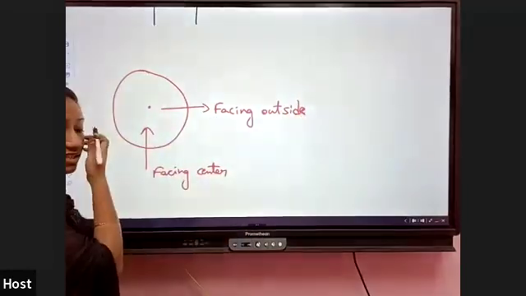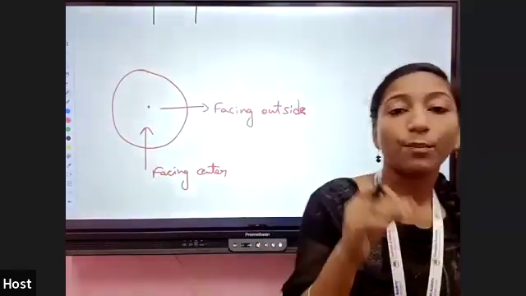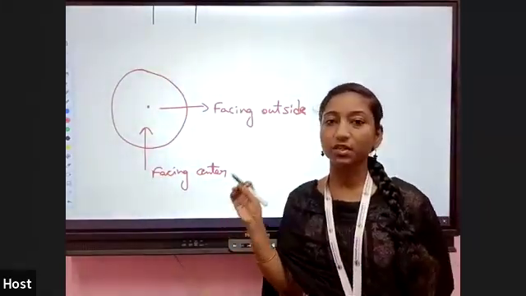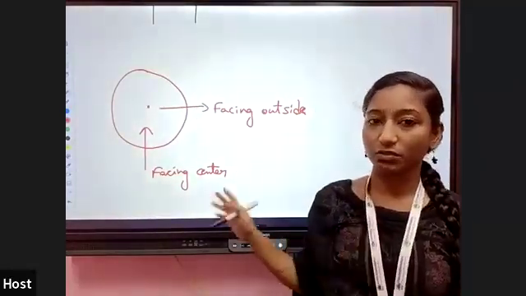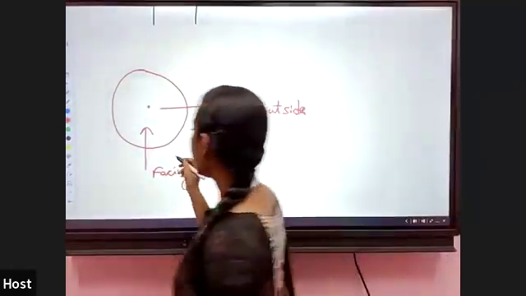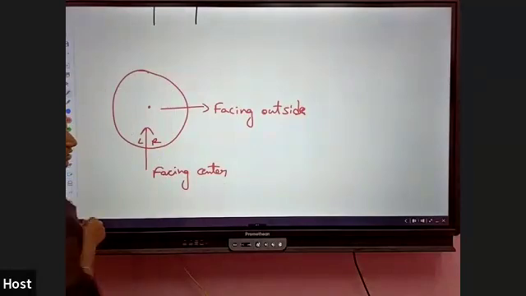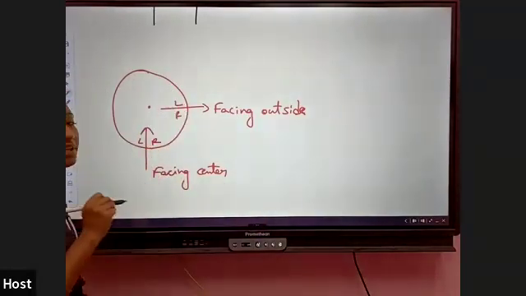In a row, we discussed directions: north, south, east and west. But in a circle, we will mostly use only two: facing center or facing outside. Facing center means this is the right side and this is the left side. Facing outside means this is the right side and this is the left side.